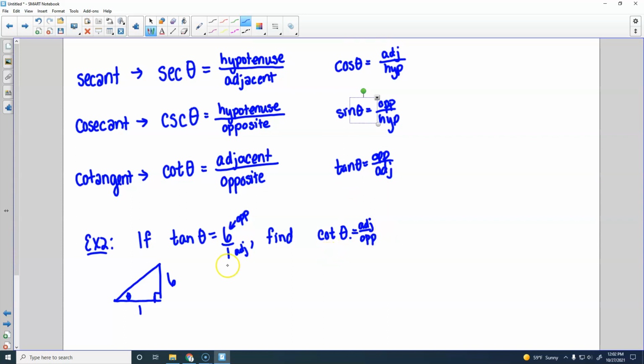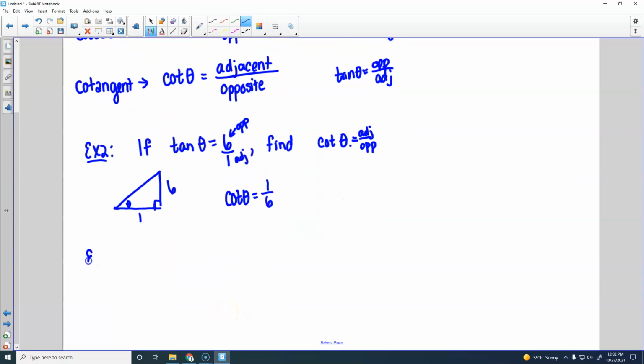So you just flip it. So cotangent of theta is going to be 1 over 6. So if you get one like that, you don't even have to draw the triangle.